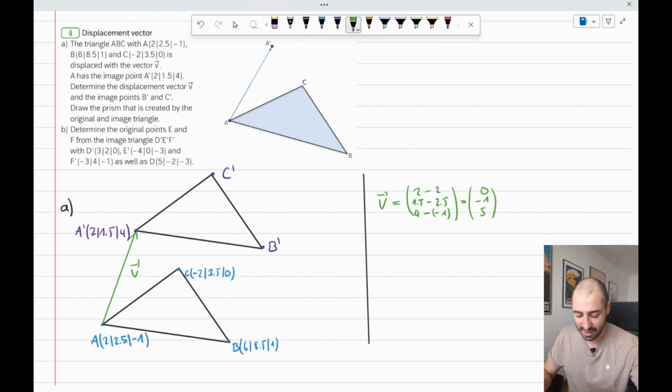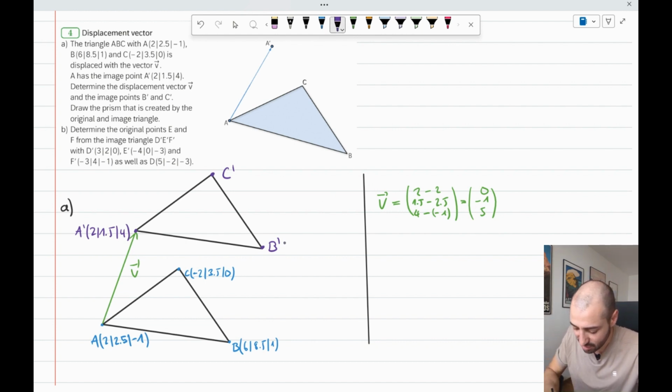And that's a displacement that occurs from A to A prime. So 0 displacement in the x direction, then minus 1 displacement in the y direction, and 5 units displacement in the z direction.